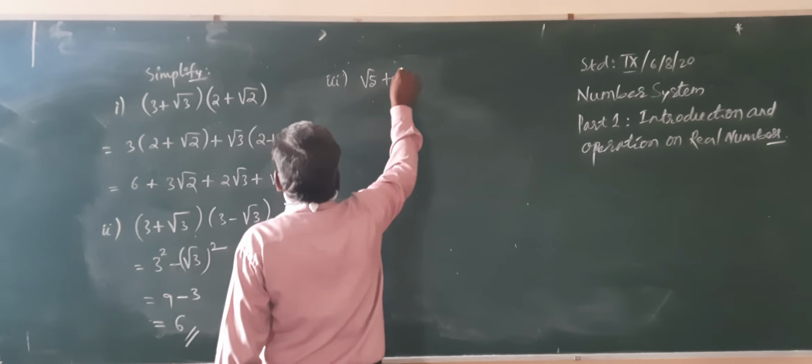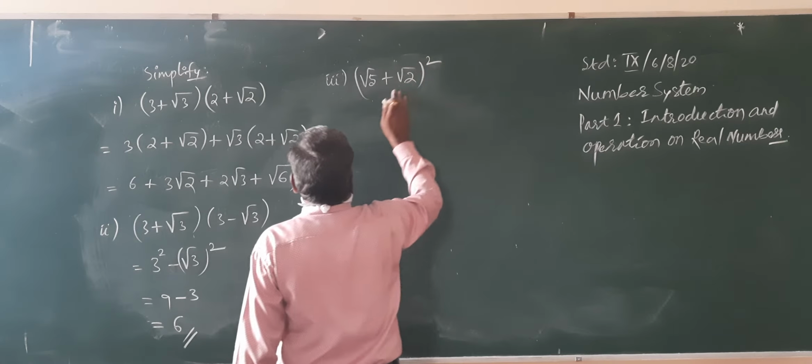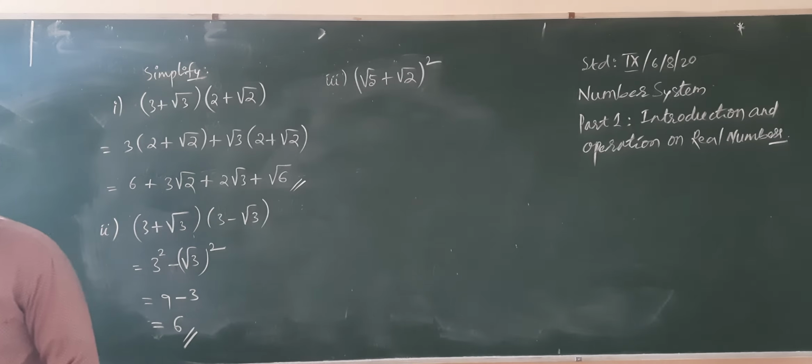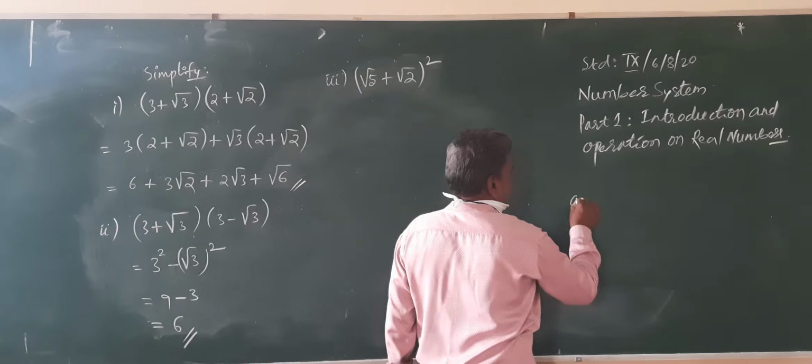Root 5 plus root 2 bracket square. Here the a plus b bracket square formula is used.